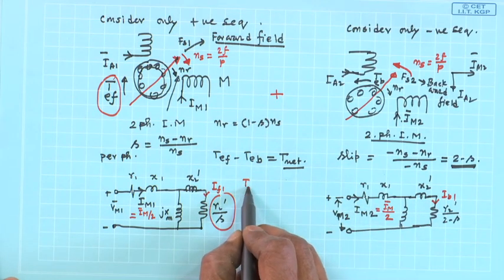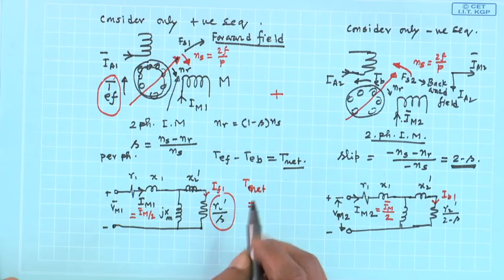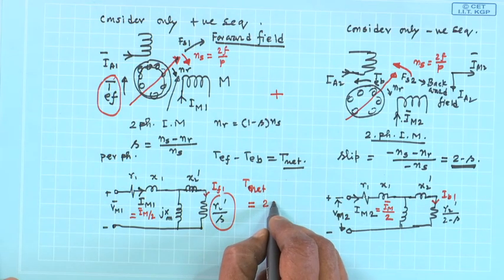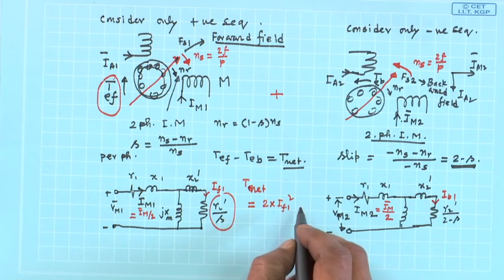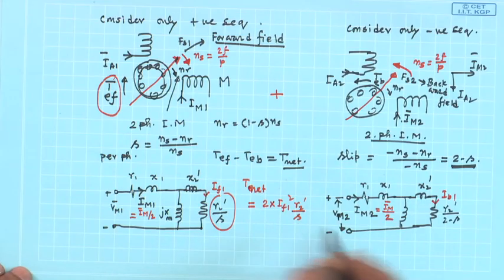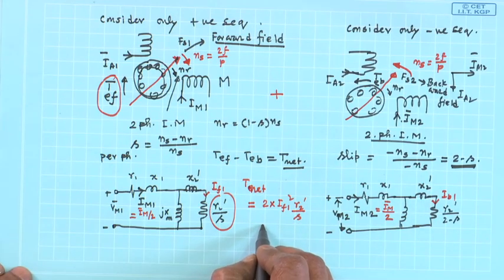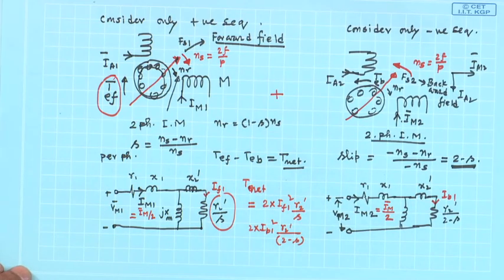So, net torque will be 2 into air gap power of this machine, IF1 square into R2 dashed by S, then another term, IB1 square into 2 into R2 dashed by 2 minus S, and that will be the torque produced.